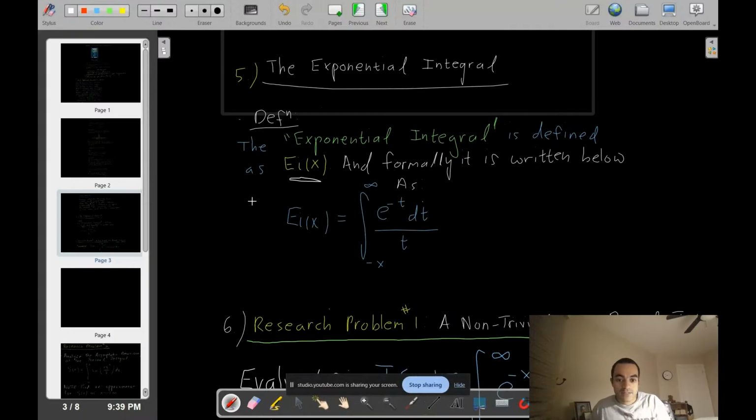I want you guys to integrate that into your minds. Pun intended. I couldn't help it. This exponential integral is really handy. I don't know if you've come across integrals like that, but it will be really handy for your mathematical toolkit.